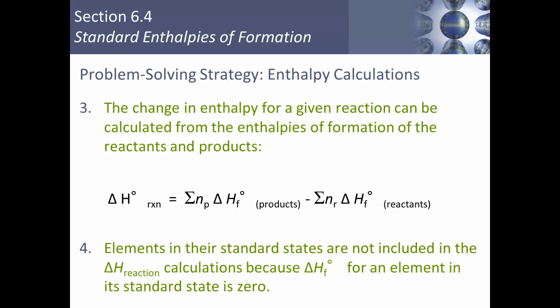The change in enthalpy for a given reaction can be calculated from the enthalpies of formation of reactants and products, where the change in enthalpy for a reaction is equal to the sum of products times their change in enthalpy minus the sum of reactants times their change in enthalpy.